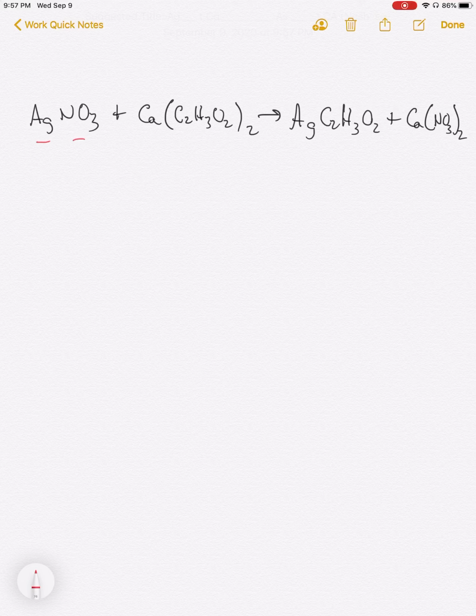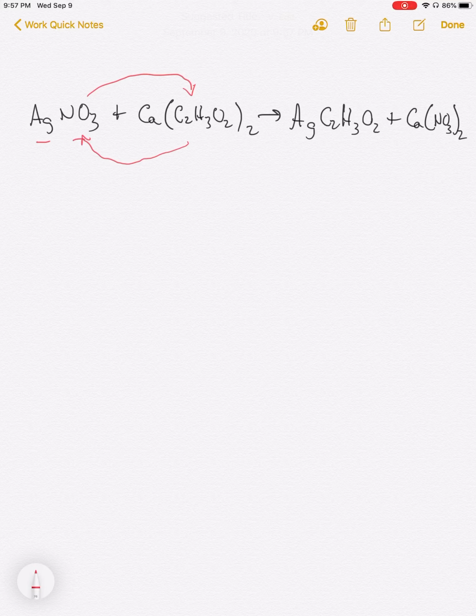On the right side, the silver is with the acetate. So essentially what we have going on is the nitrate is going to come over here onto the calcium, and the acetate's going to go over here onto the silver. That makes this equation easy to balance.